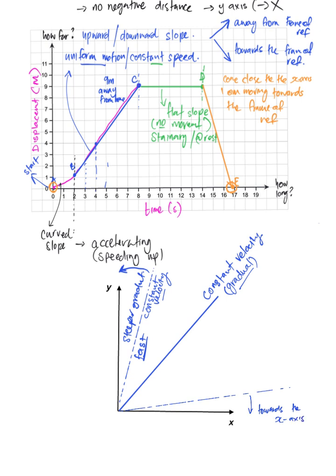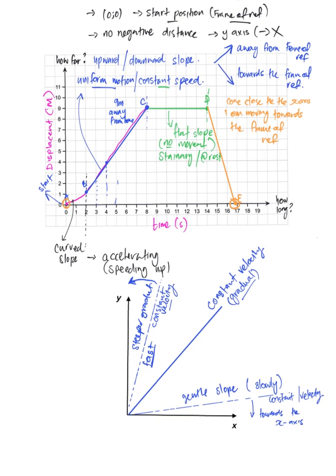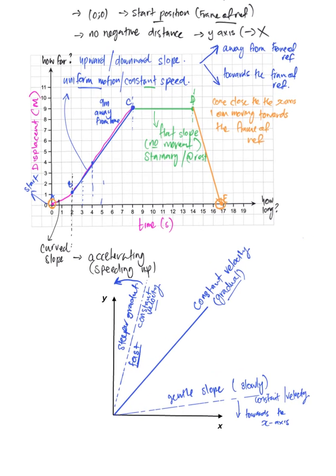When it moves closer to the x-axis, I've got a gentle slope. And when I have a gentle slope, it means that I'm moving slowly, but still at a constant velocity. So when I'm looking at the distance versus time graph, how do I describe this motion? I can see it again here.